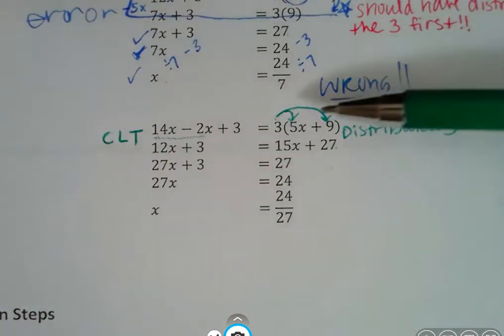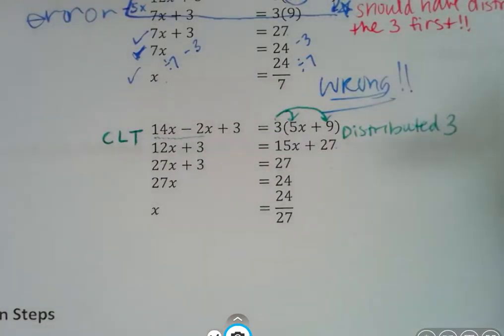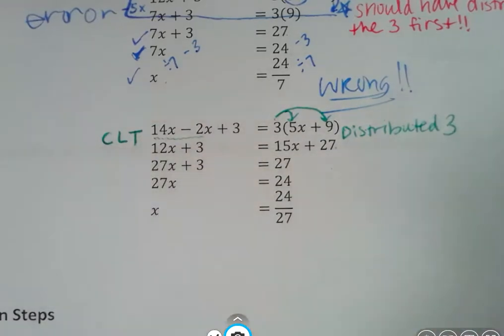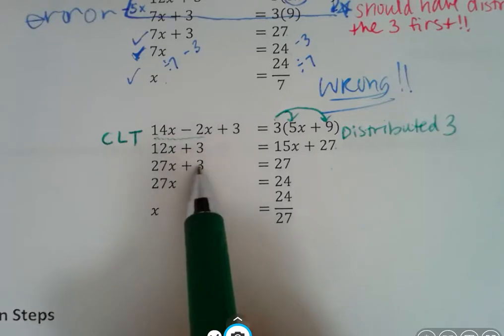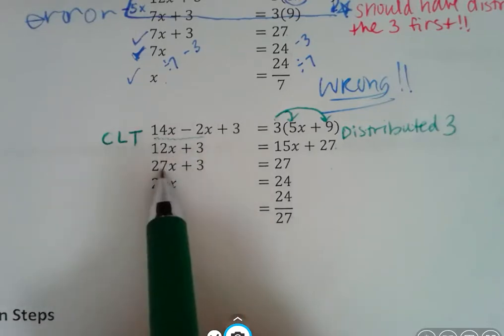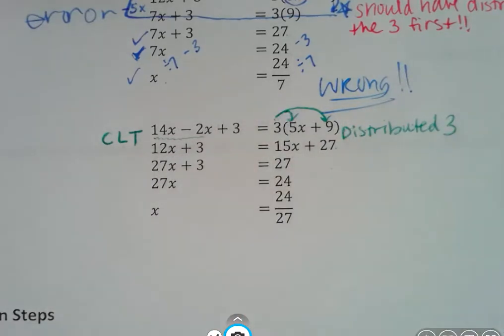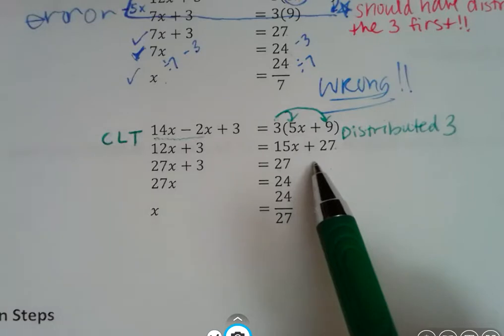So you may want to cover up everything but the 2 steps you're looking at. But on the left-hand side, my 3's don't change, but 12x becomes 27. So because everything on that side didn't change, I know we're either looking at adding something to both sides or subtracting something.